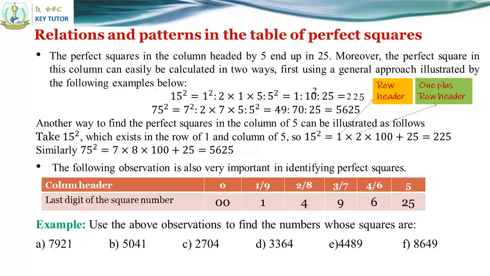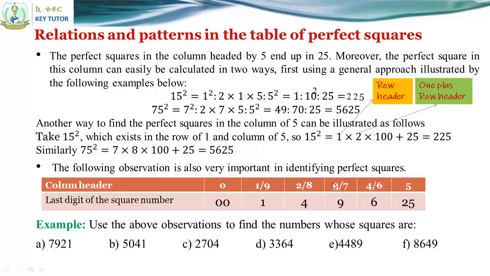So from the previous table we have observations that the numbers in the column of 0 end up in 2 zeros. The numbers in the column of 1 or 9, their last digit is 1. The numbers in the column of 2 or 8, their last digit is 4.